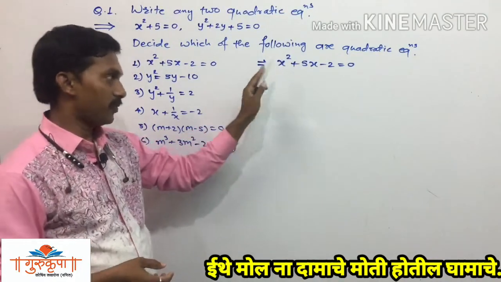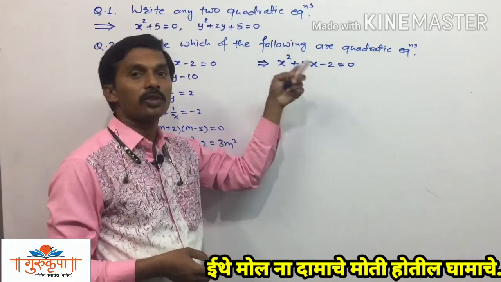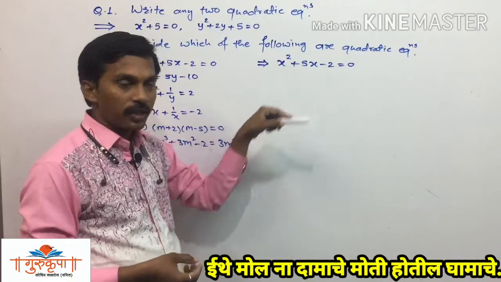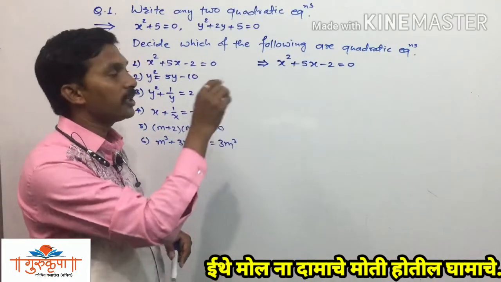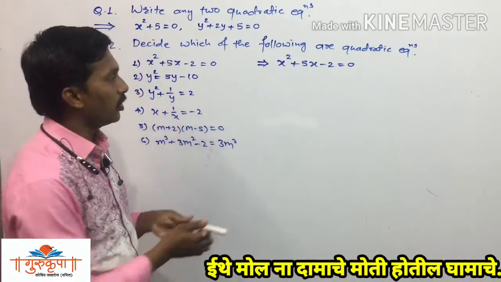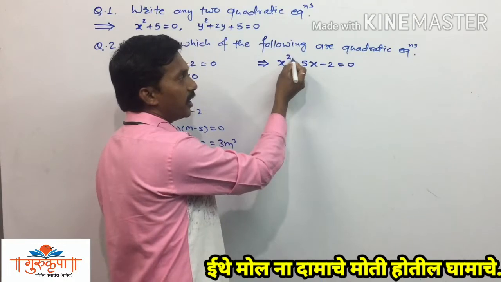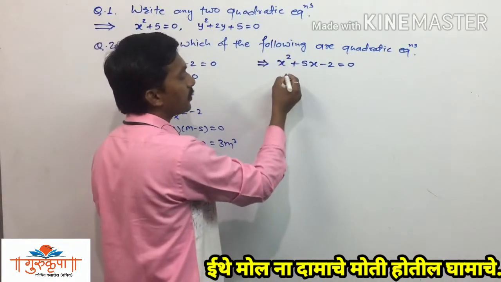First of all, see whether the given equation is in the standard form or not. If it is not, then we have to write it into the standard form, and then decide whether it is a quadratic equation or not. Now here we have only one variable, that is x, and degree 2, so it is a quadratic equation. So you can write your answer.